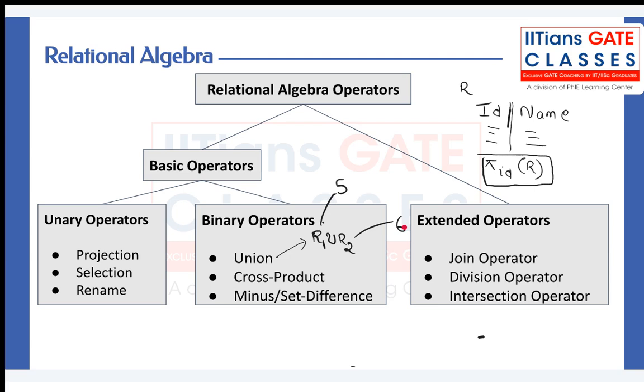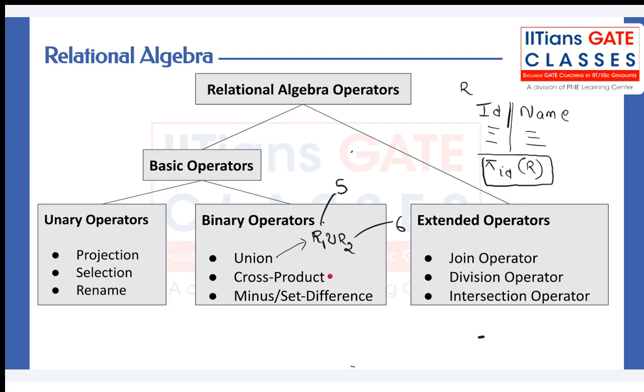If the first column for R1 is a string and for R2 it is an integer, you can't do union because that's not allowed. So you need to make sure they have the same data type as well as the same number of columns. Same data type may not be very true for relational algebra, but I'm telling you in terms of SQL. Now, this is also something called cross product.